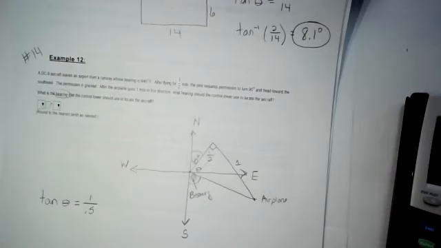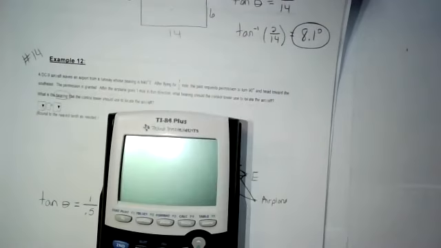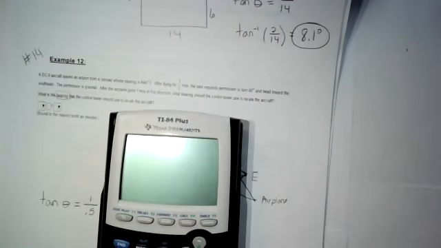I know that like violates a lot of laws of algebra to put a decimal in a fraction. I'm probably gonna get fired, but we'll just leave it down there, okay? Because I just thought we're putting it in the calculator anyway. How am I gonna find that angle? Inverse, okay? So I'm gonna do second tan, 1 divided by 0.5. I just cheated and put that in there.